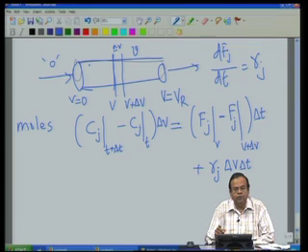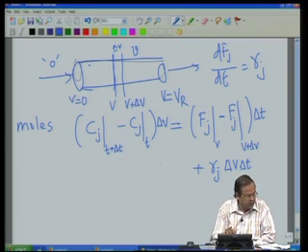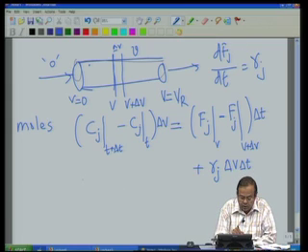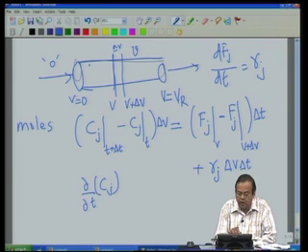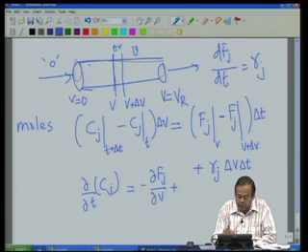So, now if we divide this whole quantity by delta V delta t and take limit as delta V goes to 0, delta t goes to 0, this mass balance equation now becomes del Cj by del t equal to minus del Fj by del V plus Rj.